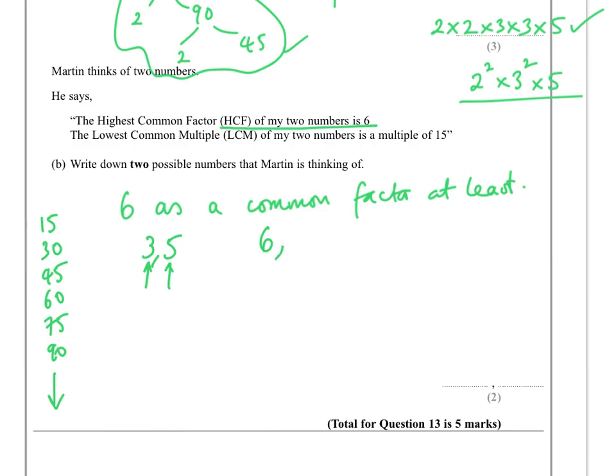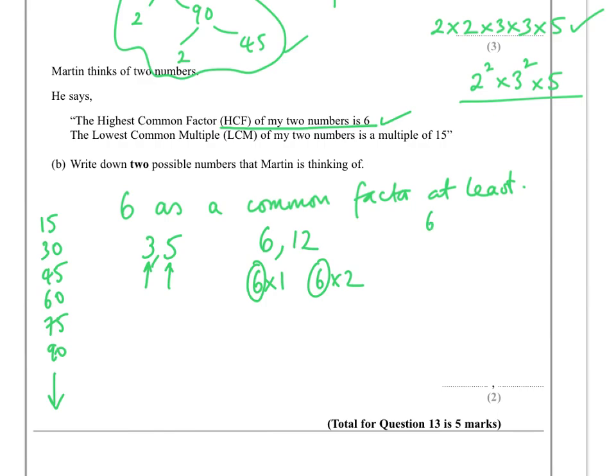And then say you think 12 is the next one. Well, let's try 6 and 12. So does this obey the first rule? Is 6 the highest number that goes into both of those numbers? Well, the highest common factor of 6 and 12: 6 is 6 times 1, 12 is 6 times 2, so yes, it is. But is the lowest common multiple of my two numbers a multiple of 15?